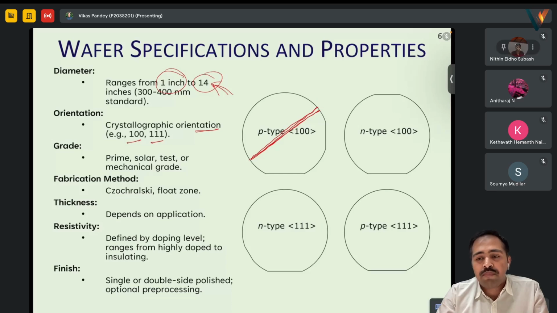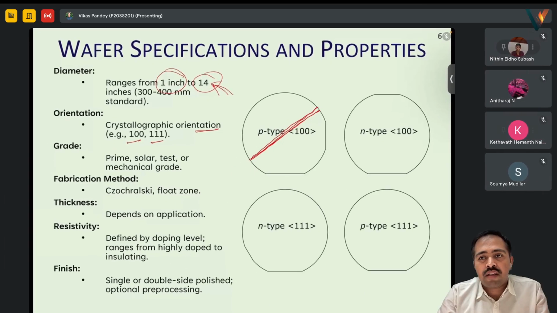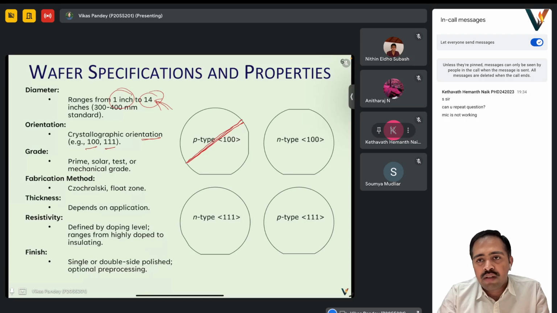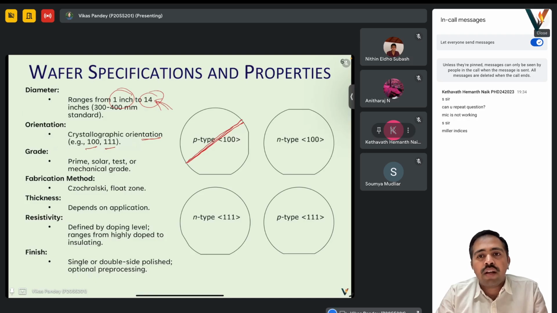Please unmute yourself and speak because I will not be able to check the messages. Hello, Kethavat. The question is, do you know about this crystallographic orientation, like 100, 111? Yes, anyone else would like to add? Nitin, Anitaraz, or Soumya Mudler?